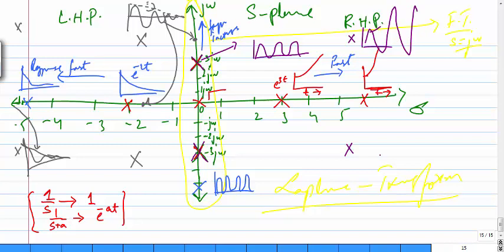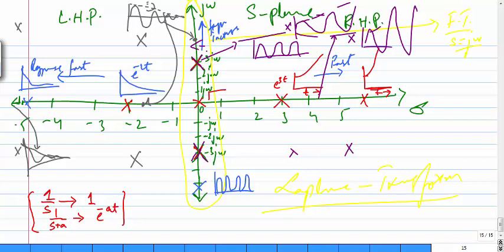If I go further, or if I go here near this, it will grow, but the growth is a bit slow, like this. So the main idea is that growing or converging or diverging is because of the real axis, and the frequency is because of the imaginary axis.